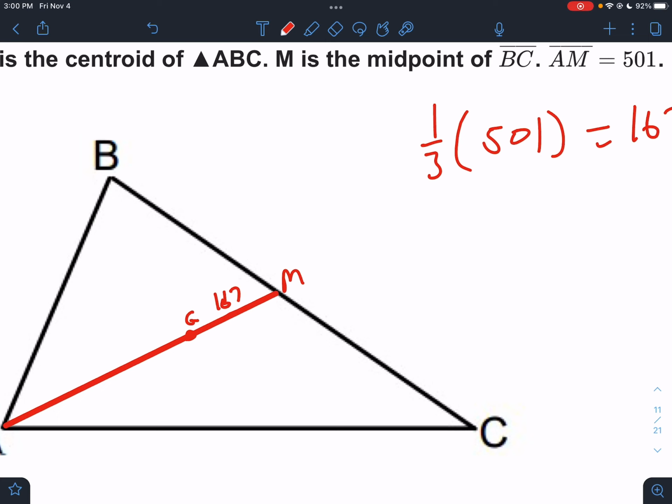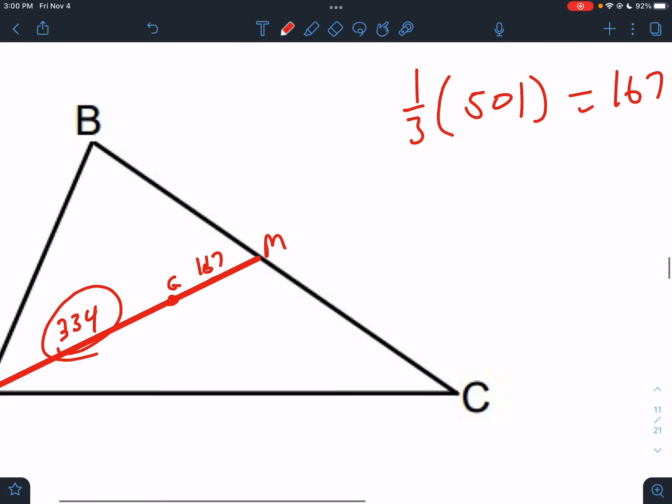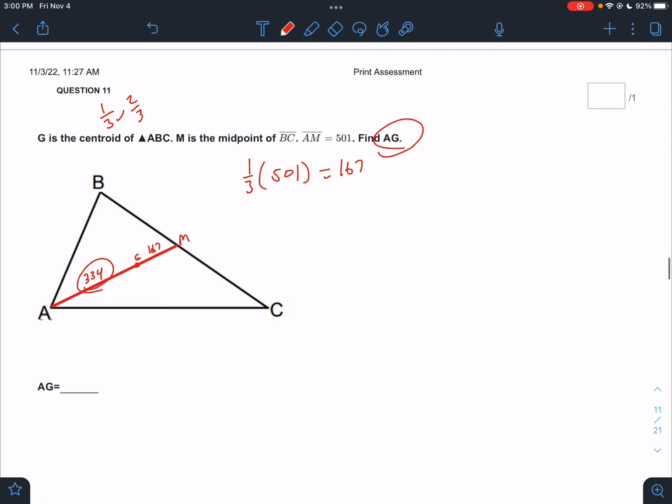Well, the other piece is 2/3, so it's going to be double that. It's going to come in at 334, and that's the one they want. So it's a 1/3, 2/3 split. The distance to the vertex, the distance to the corner, is always going to be the farther distance.